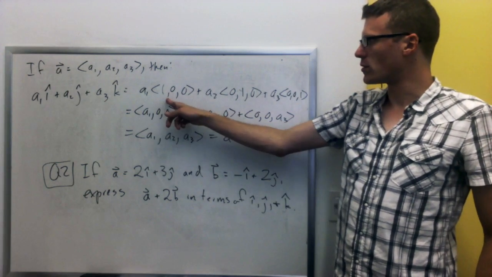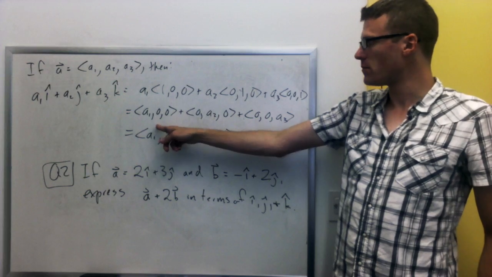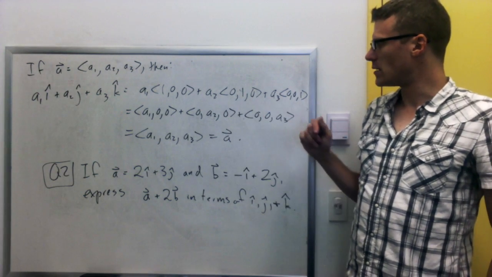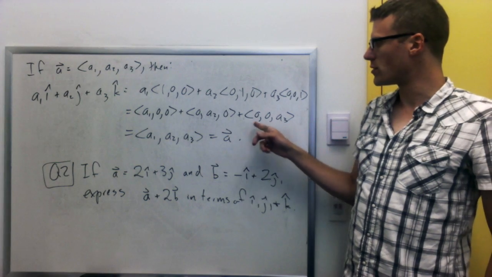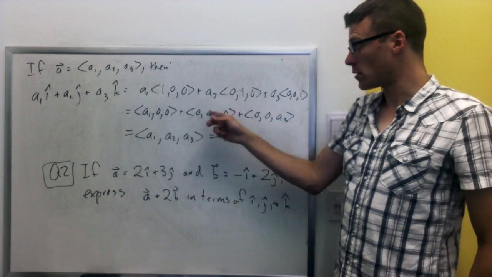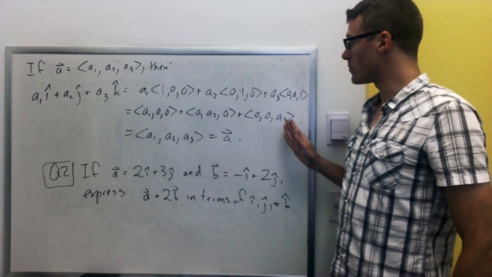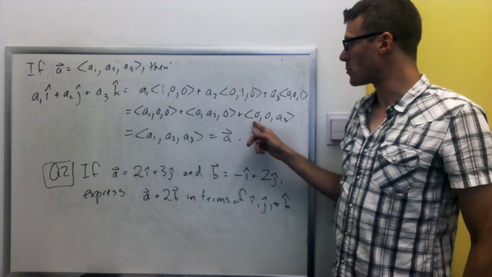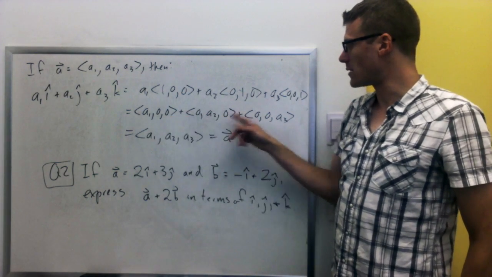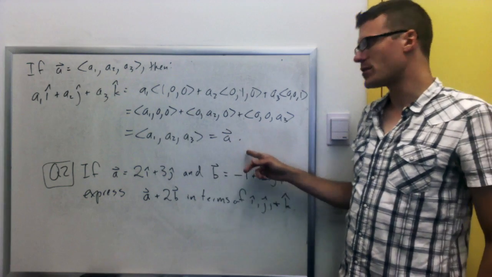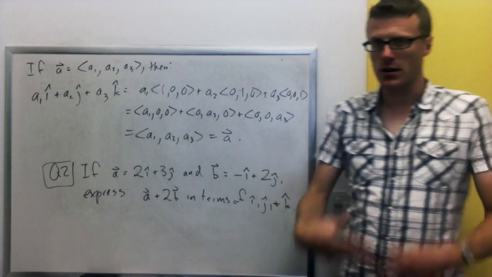So a1 times 1, 0, 0, which is a1, 0, 0, a2 times 0, 1, 0, which is 0, a2, 0, and a3 times 0, 0, 1, which is 0, 0, a3. Adding them together, there's only one non-zero component for each of x, y, and z. a1 plus 0 plus 0 is a1, 0 plus a2 plus 0 is a2, 0 plus 0 plus a3 gives me a3. That's just a. So this is just a fancy way of writing out a.